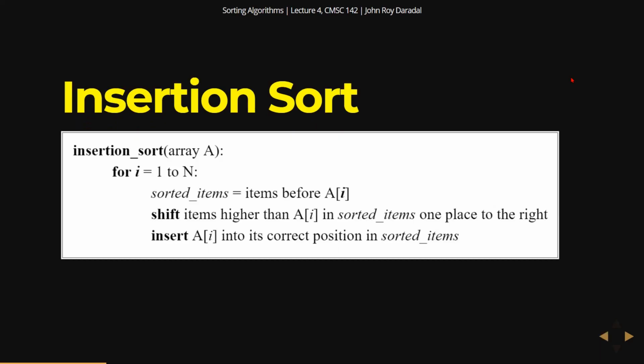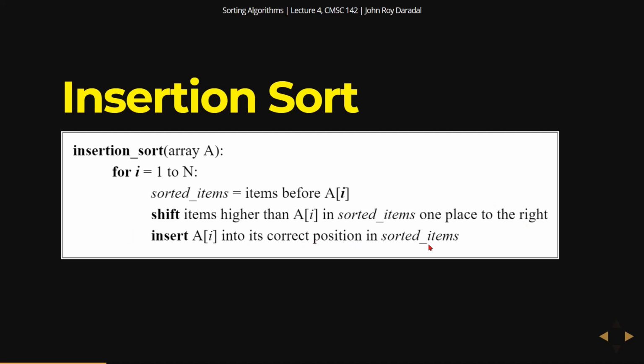Okay, so this is the pseudocode for insertion sort. So again, given an array A, for i from 1 to n, we will think of the items before A sub i as the sorted items already. Okay, and then we'll shift items that are higher than A sub i in the sorted items one place to the right, and insert A sub i to its correct position in sorted items.